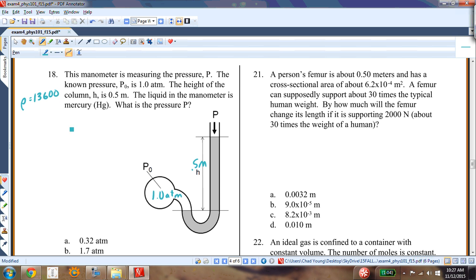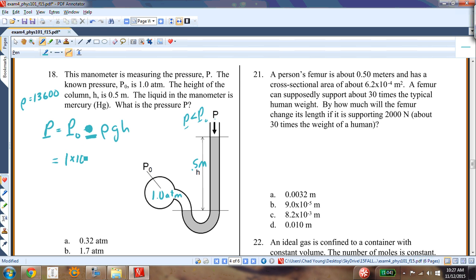So first of all, I need to know if P is equal to P naught plus or minus rho gh. Well, here P is less than P naught. So that means I'm not going to use the positive, I'll use the negative. So it's P naught minus rho gh. P naught is 1 atmosphere.